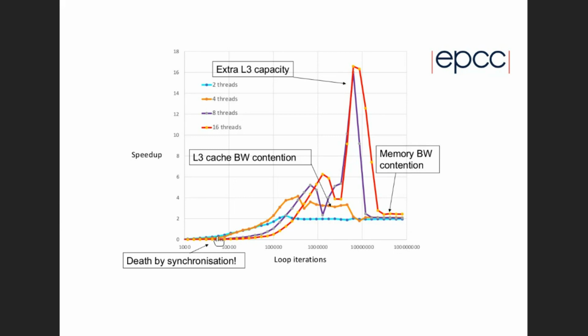For 4 threads, I do just about reach 4 times speed up, but then it drops to around 3 here. What's happening is that the way I arranged my threads, all 4 threads are using the same level 3 cache, so these 4 threads are contending for the level 3 bandwidth.